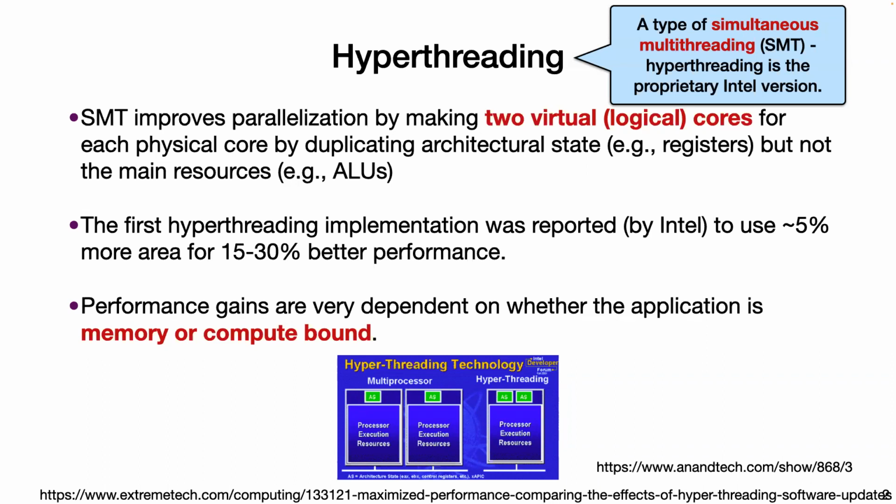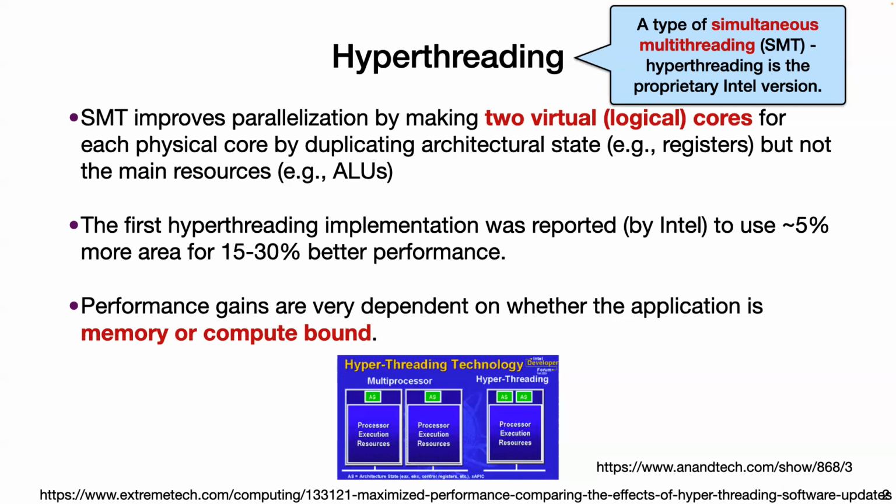I'm confused why it would not help if the application was compute bound. I don't see how it would help if you're not increasing the actual arithmetic you can do, because you still have the same amount of ALUs. So how would it help? You still have the same amount of ALUs, but you have more registers.